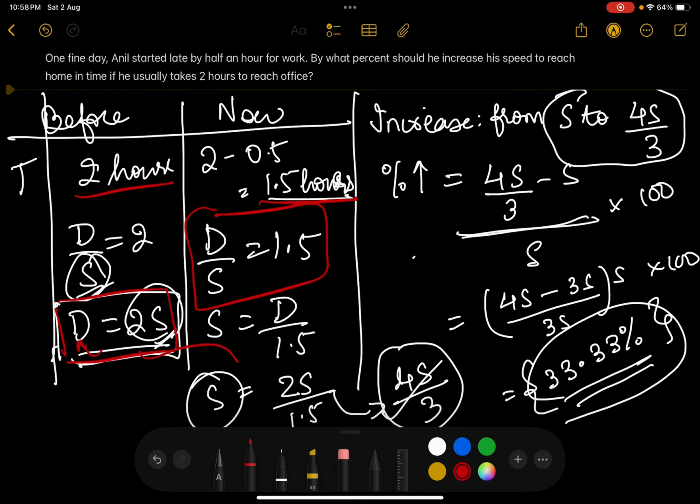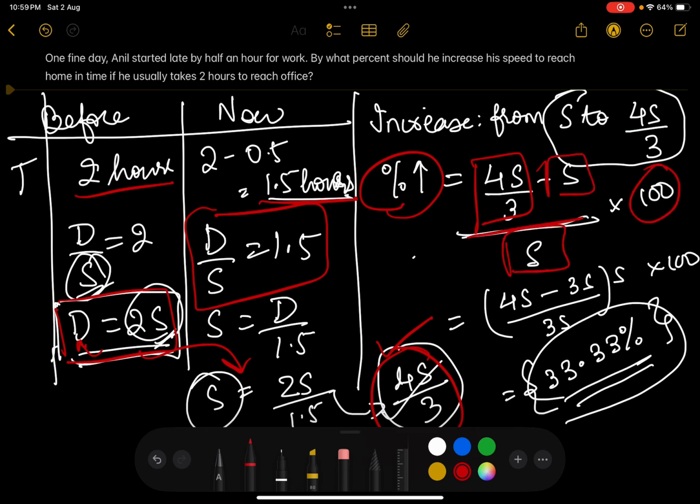When we substituted that here, we got that the new speed is 4s by 3. When you know the new speed is 4s by 3, you can easily find out the percentage change. When you did the new speed minus the old speed divided by the old speed into 100, you got the increase as 33.33%. This is the final answer.